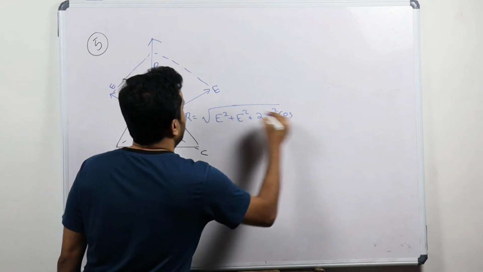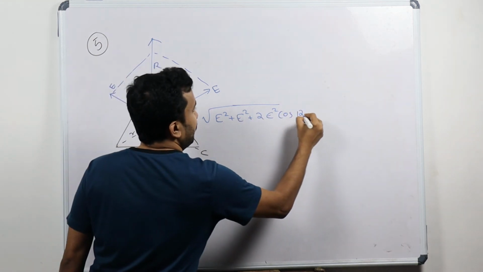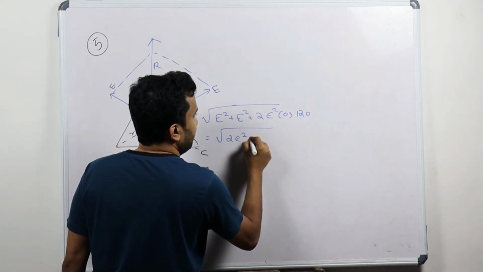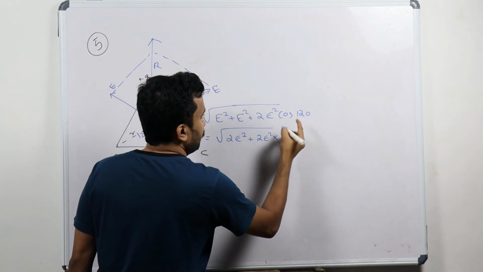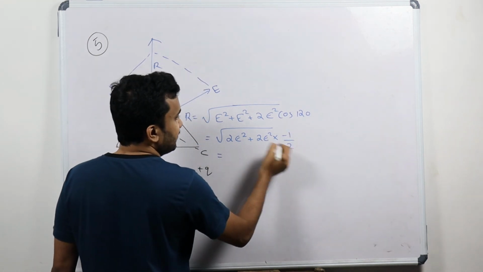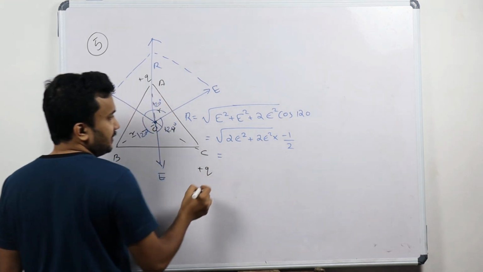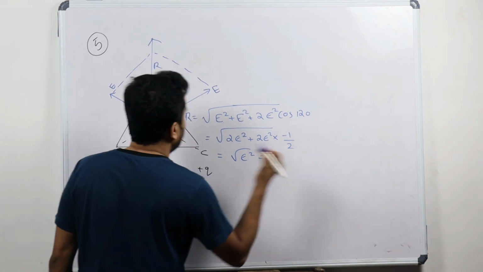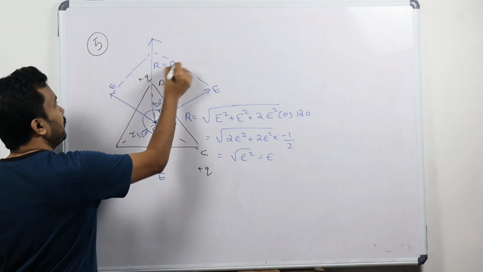So I am writing E square plus E square plus 2E square cos theta. What is the angle between them? Cos 120 degrees, which is minus 1 by 2. So the 2 and 2 will be cancelled. So 2E square minus E square is E square, so the resultant will be equal to E.